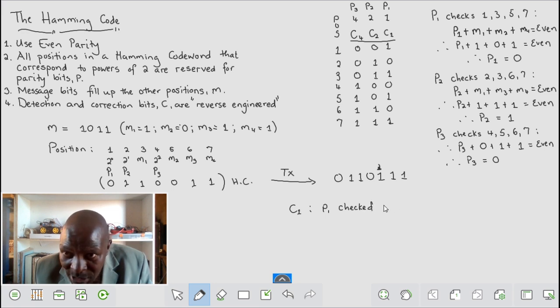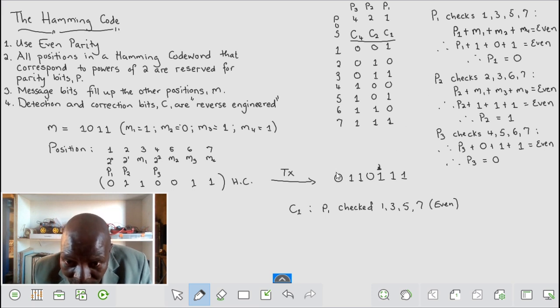It checked all the odd positions, 1, 3, 5, and 7. Sorry, I said 6, I meant to say odd, which is 5 and 7. Now, if you look at those, the sum was supposed to be even. Let's check that these are actually even.